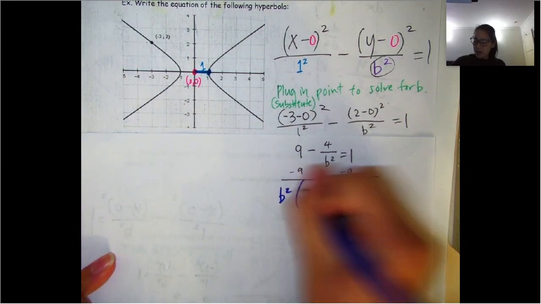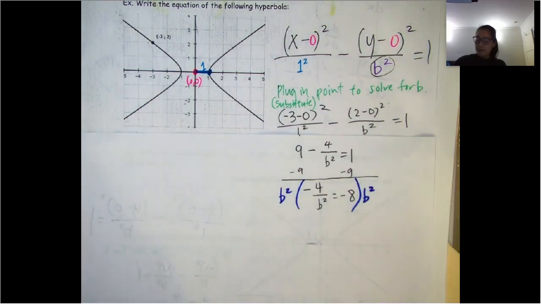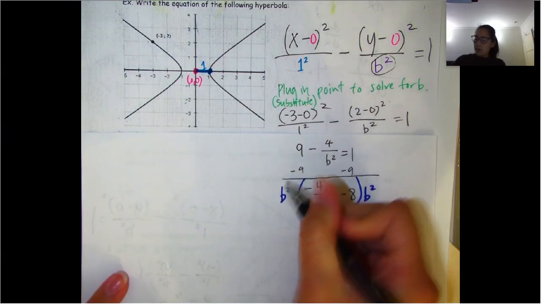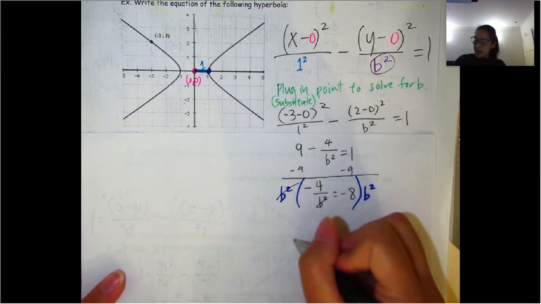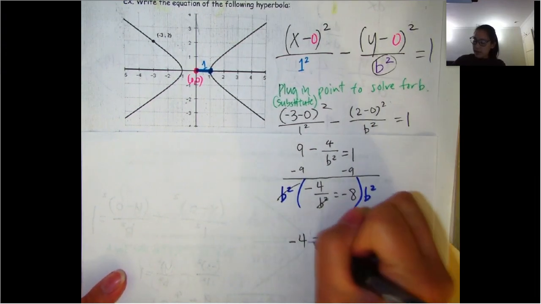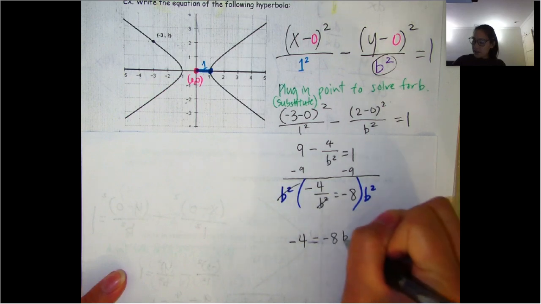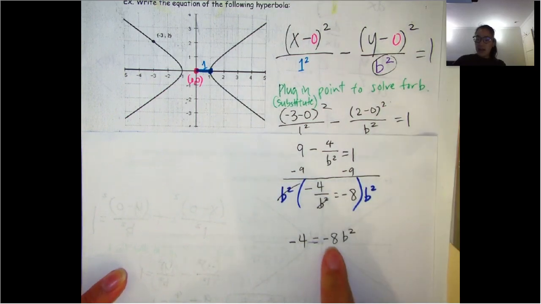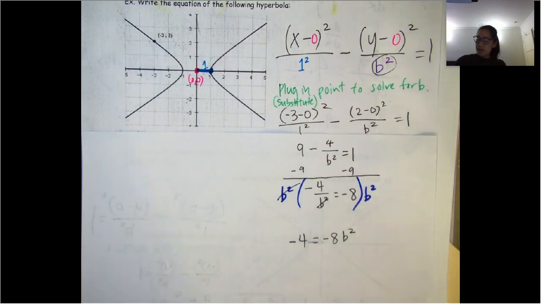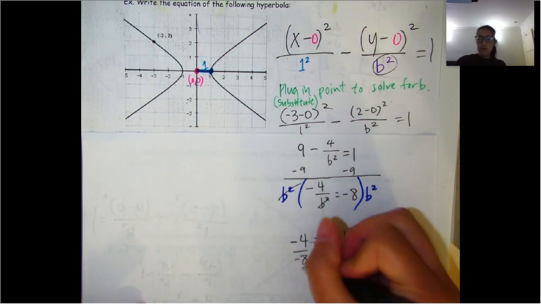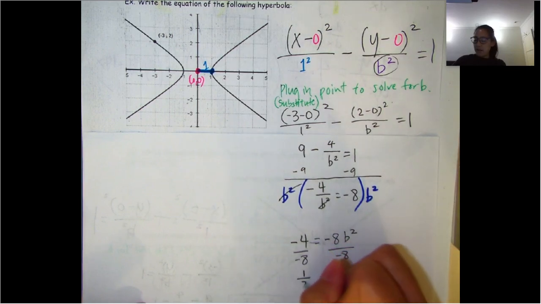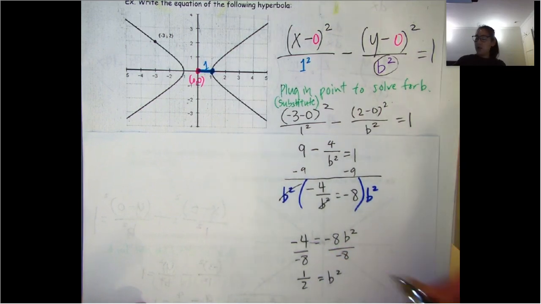So b squared, b squared. And so over here you have -4 equals -8b squared. So -8 is what you want to get rid of. So we're dividing both sides by -8. -4 over -8 equals 1/2. And so b squared equals 1/2.